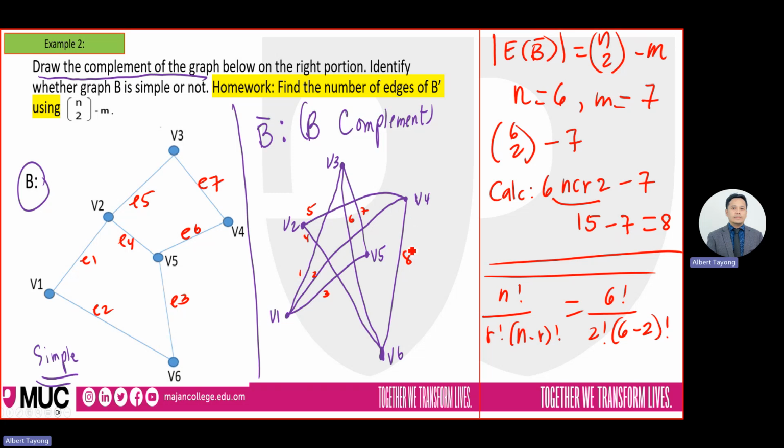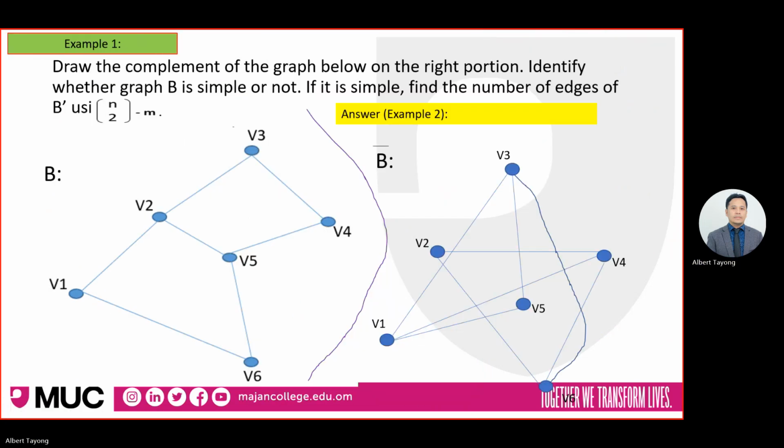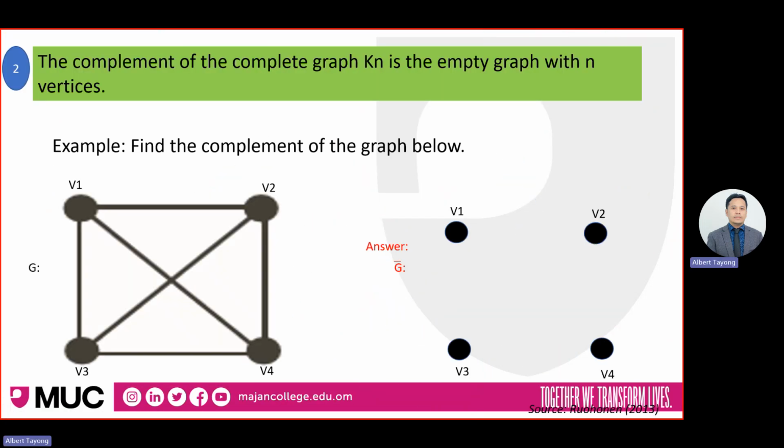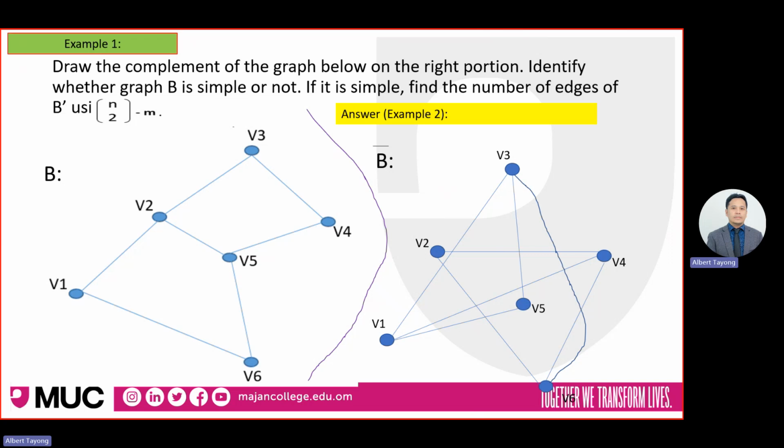So we have 8 edges in our B complement, which is correct. Right, so that is how to identify the complement of a simple graph, and also to count the number of edges of our complement. Okay, so the answer is this.